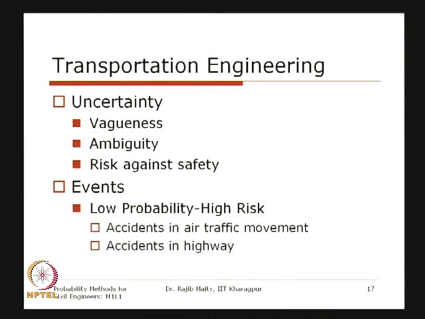For the transportation system, we want to provide a very low probability. Particularly for accidents in air traffic movement, this is very important, and obviously the probability should be as low as possible. Accidents on the highway are also another very high risk event, so we have to provide a very low probability.